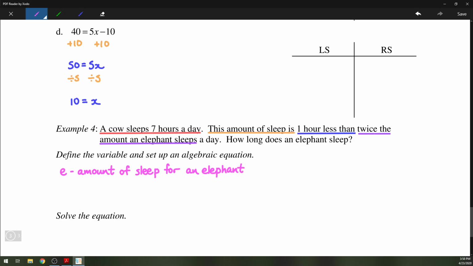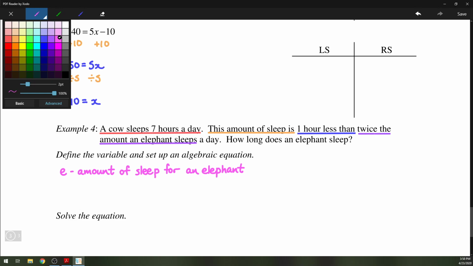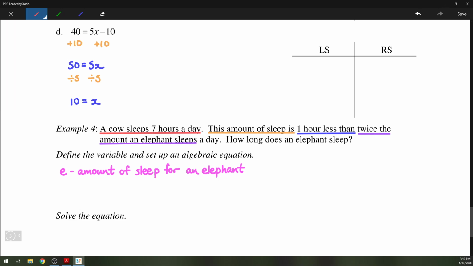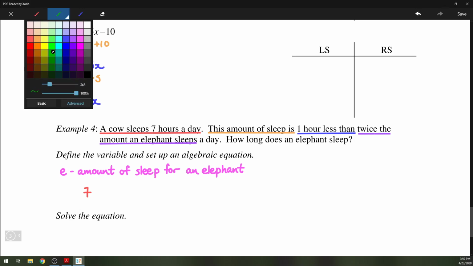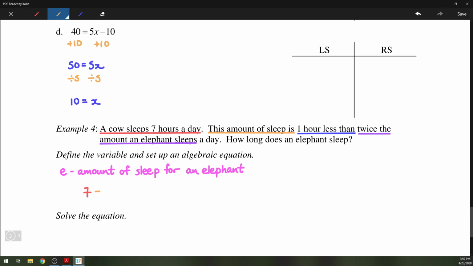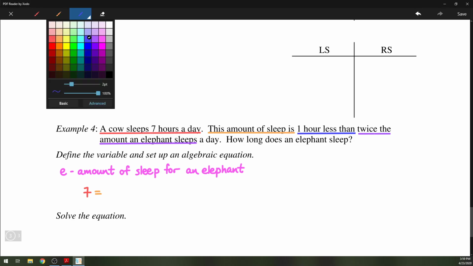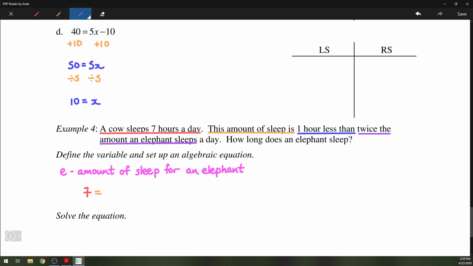Okay, so if you look at each part of the statement of the problem, we have 7 hours is equal to twice the amount the elephant sleeps, so twice, so 2.